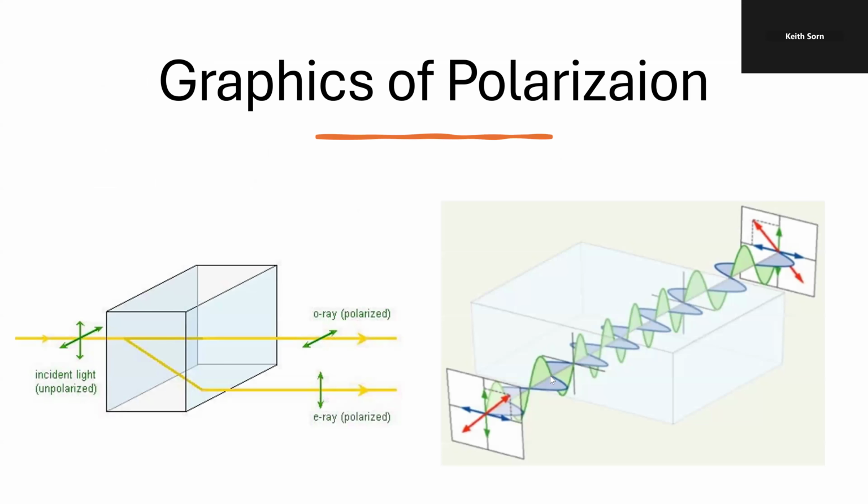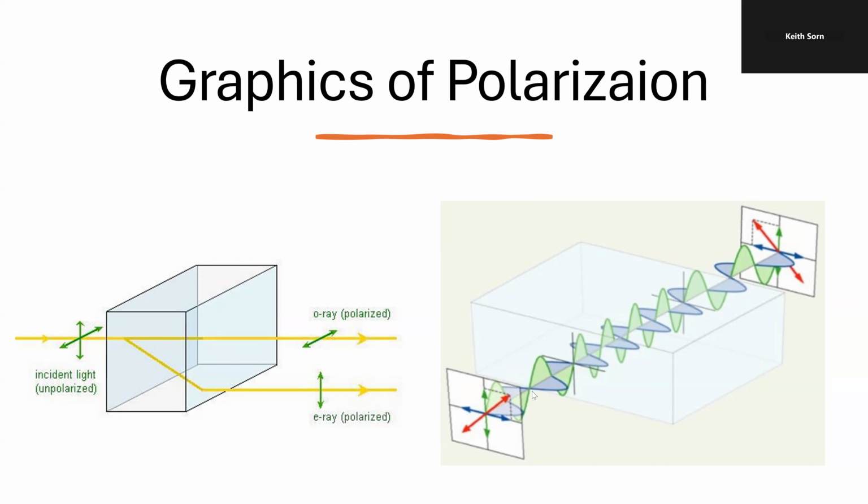All right, so if we take a look at the figure on the right, we see that the green wave, let's call that the ordinary wave, is oscillating vertically, whereas the extraordinary wave, call that the blue wave, is vibrating on a plane perpendicular to the vertical and the horizontal.